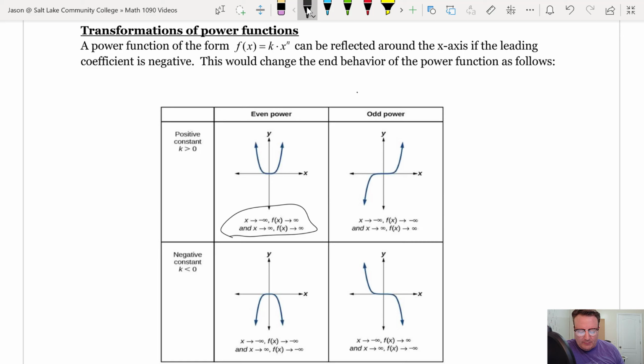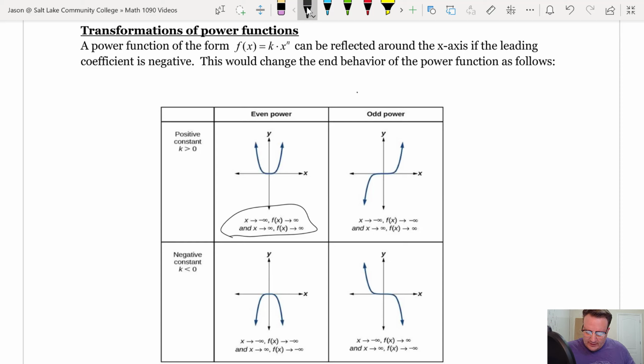So for example, we might read this as x goes to negative infinity, f of x goes to infinity. And as x goes to infinity, f of x goes to infinity.